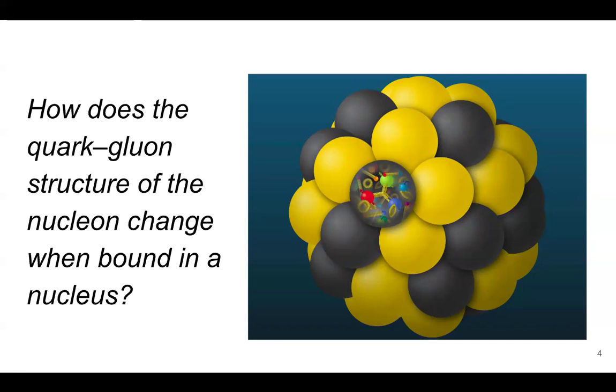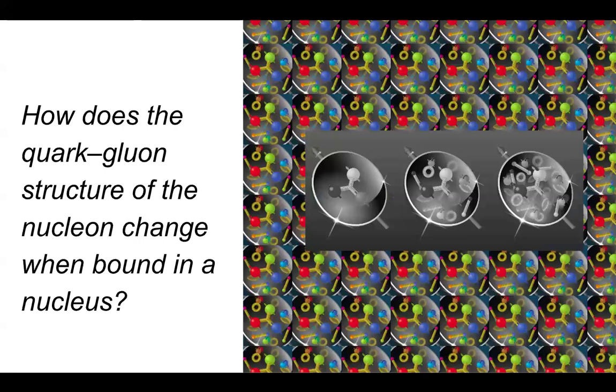We want to study it when the proton is not free, but embedded in the nucleus. We want to study those quantum phase density measurements that I mentioned before, but when the proton is in the nucleus. So the key question is really: how does the quark and gluon structure of the proton change when the proton is not free but bound?